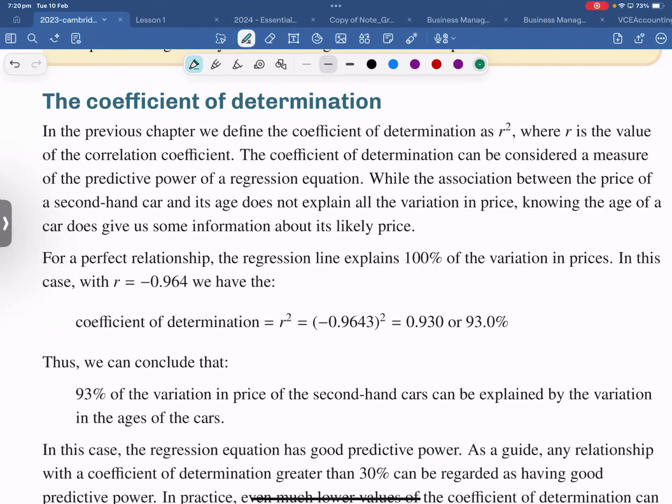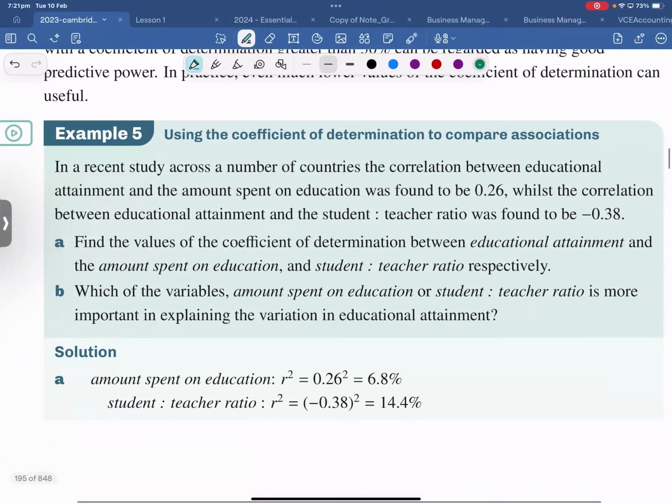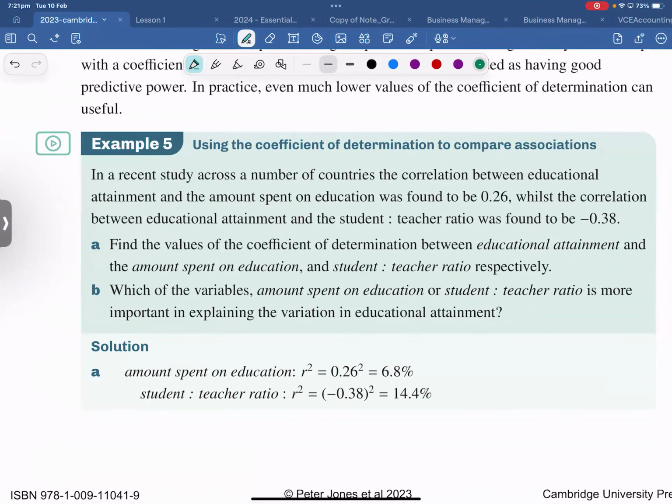What percentage, or up to what percentage the changes or the variations in the response variable is explained by the changes in the explanatory variable. Is it okay? Right. So everything, I'm just reminding you, okay, what we have done. So do you want us to do any questions or examples? No, you okay?